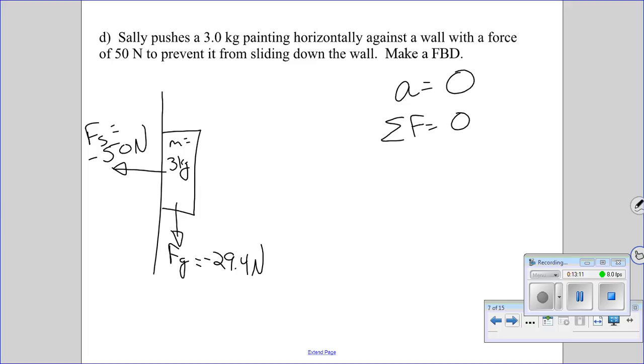The wall is supporting the painting. It's preventing the painting from going that way, right? So what's the name of that force? Normal force, right? Okay, so we know there's got to be a normal force, and we know how big it's got to be. How big does it have to be? 50 newtons. It's exactly enough force to prevent the painting from going through the wall.